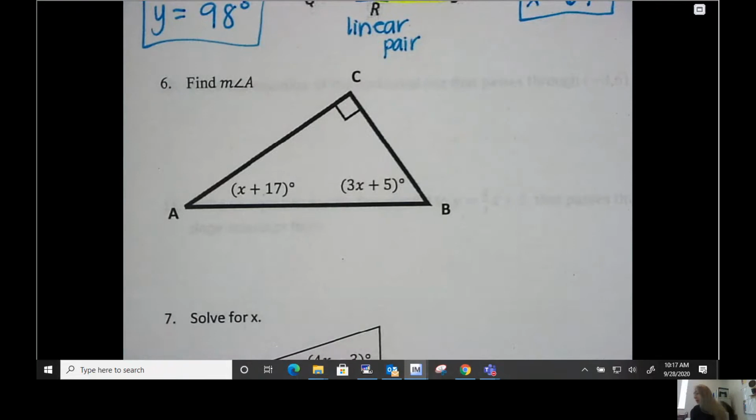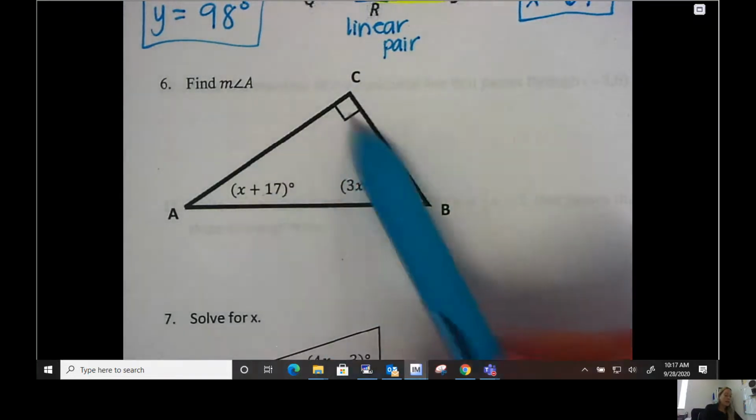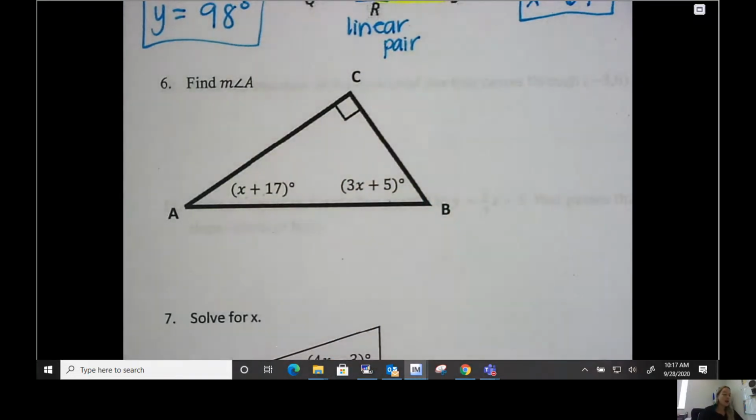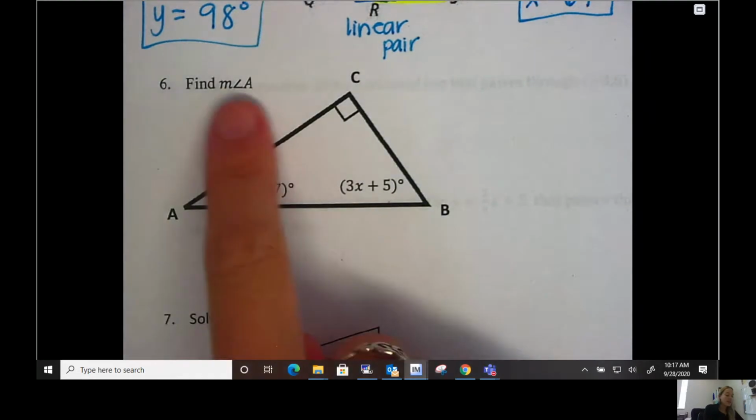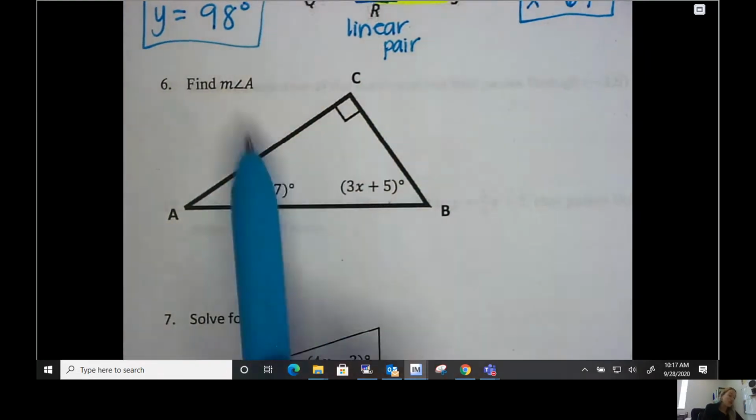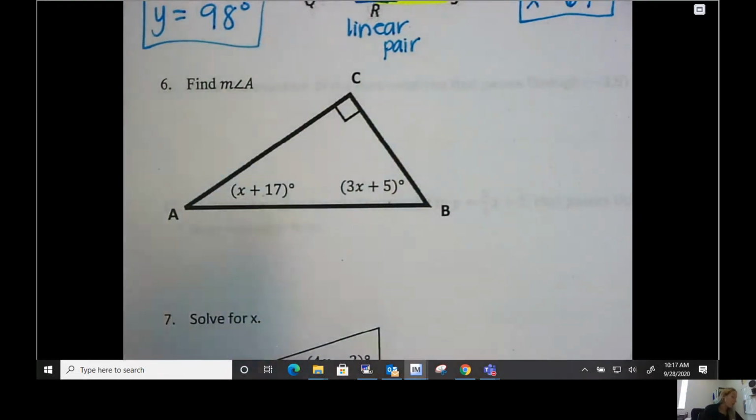Number 6 is similar. I've got 3 angles and I know they're all on the interior of the triangle. So when I add all 3 of these angles together, I should get 180. It asks me to find the measure of angle A. Before I can do that though, I have to figure out what my x values are.